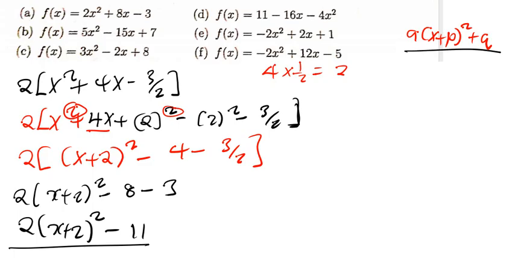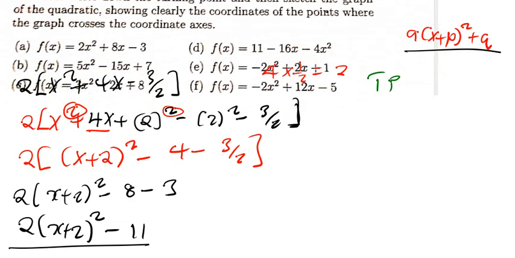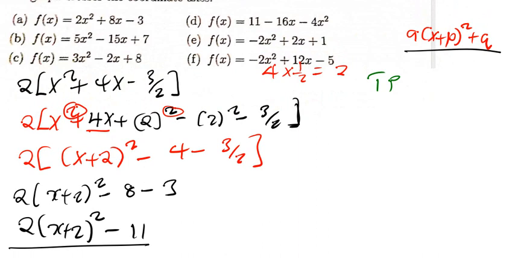When you do that, you now have to write what we call the turning point, because the question was asking us to find the turning point as well. For the turning point, we need x and y. What is in the brackets, x plus 2, equal to 0, so x is equal to negative 2.